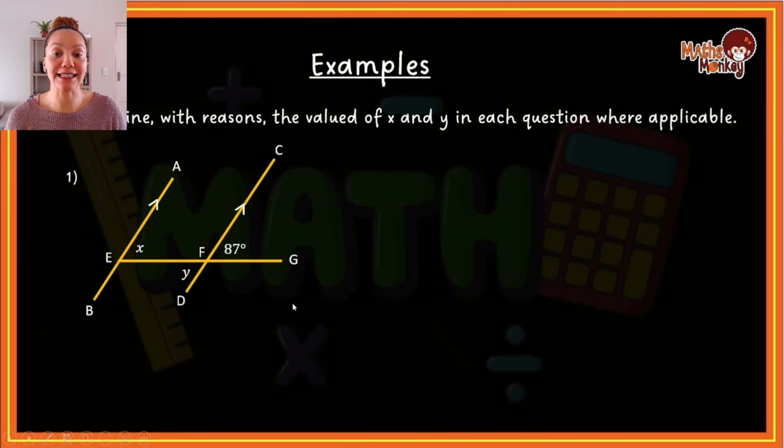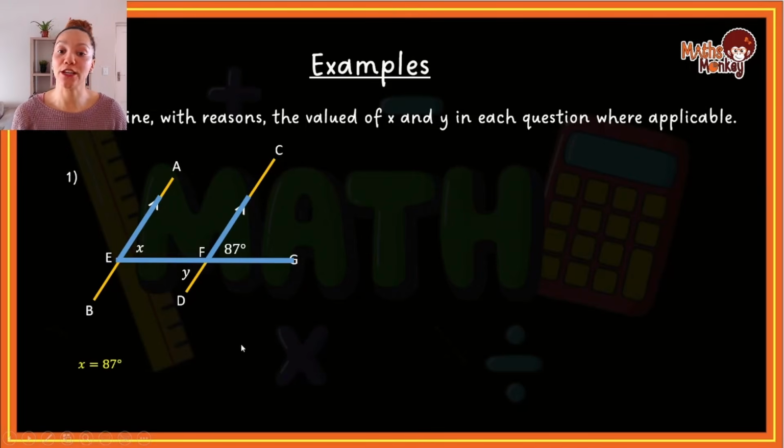In this case, it's the F, because I've got the angle underneath, which is 87, and I've got x. So with corresponding angles with the F, these angles are equal to each other.